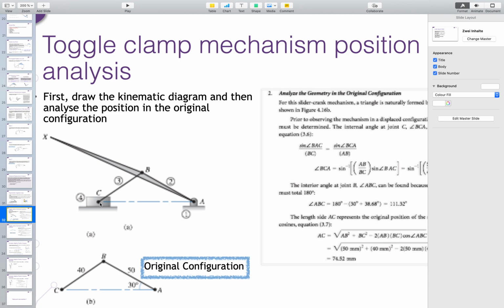Point C is sliding along this blue line. Here we have A as a frame, a rotational joint, another rotational joint, here a rotational joint, and this is a sliding joint. So we have the main triangle here, which means we can use trigonometric laws to do position analysis.